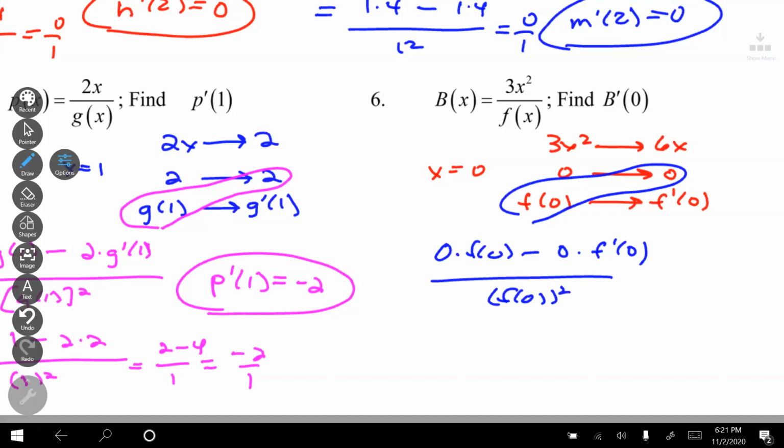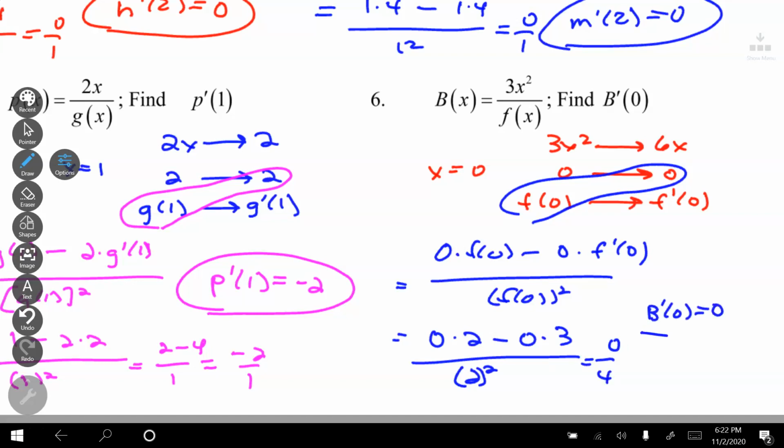Well, it all becomes arbitrary, but it is 0 times 2 minus 0 times 3 over 2 squared is 0 over 4, or b prime of 0 is equal to 0.